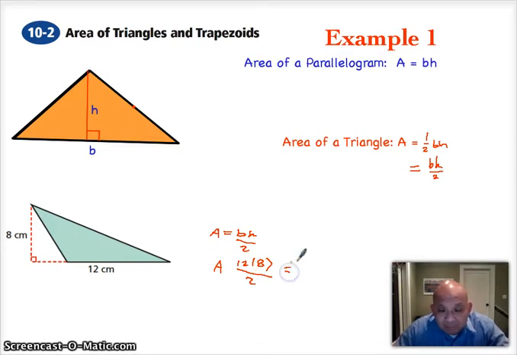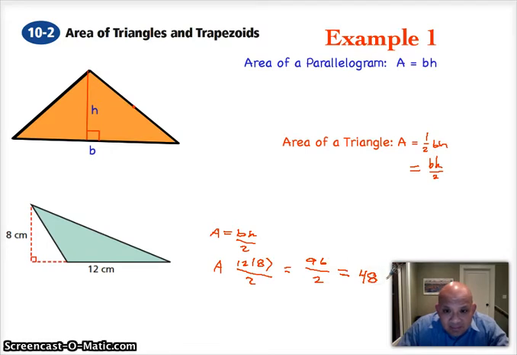Wish I could write a little more steadily here. It looks like a sinking ship. So I've got 12 times 8 over 2. Well, first thing I'm going to do is multiply 12 times 8. 12 times 8 is 96. 96 over 2. What does that equal? Well, 2 goes into 9 4 times. 2 goes into 16 8 times.